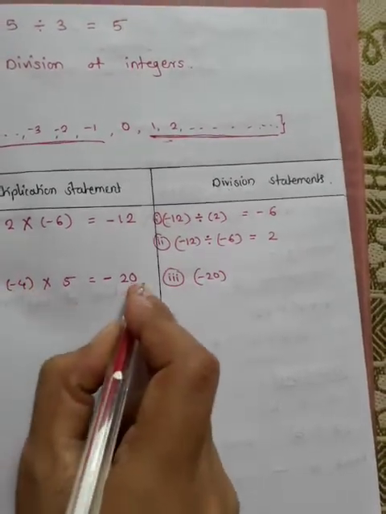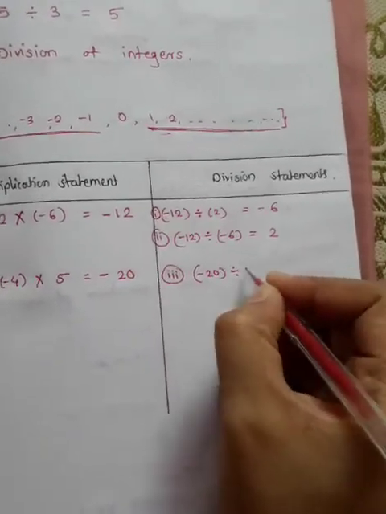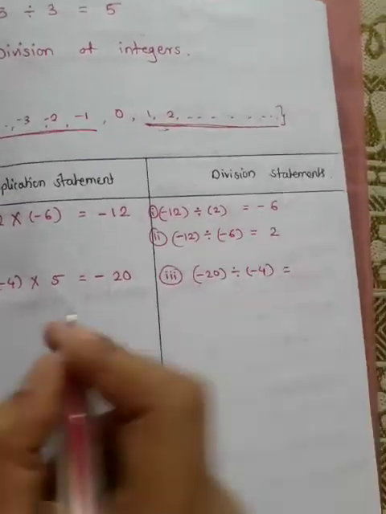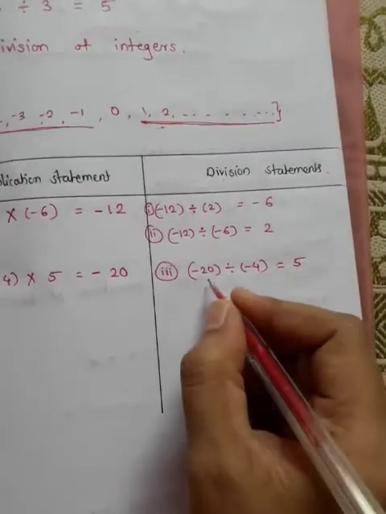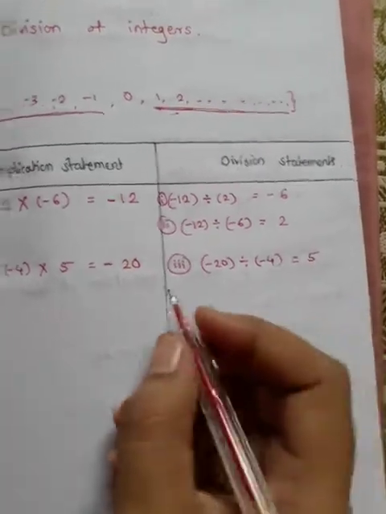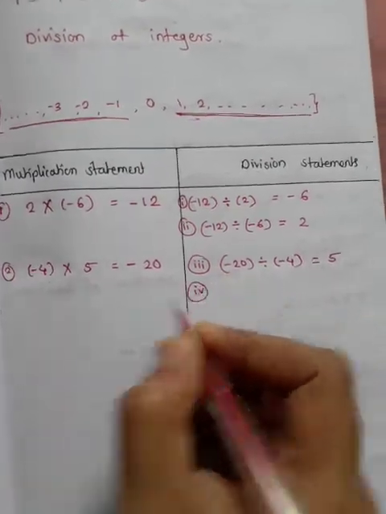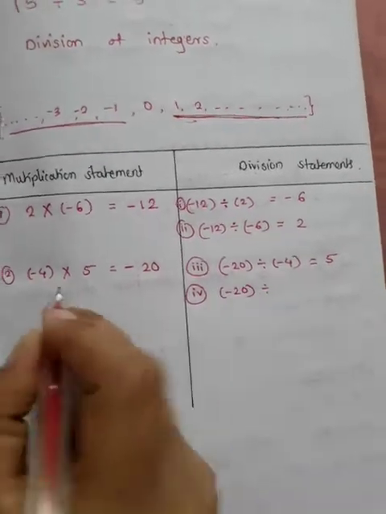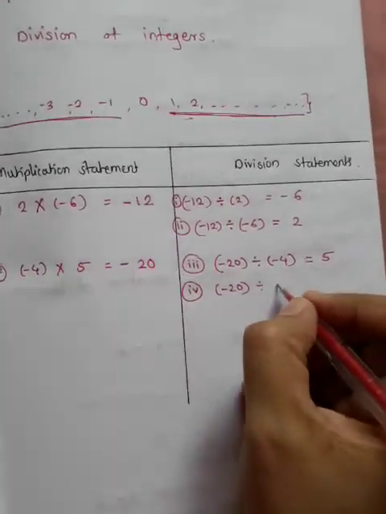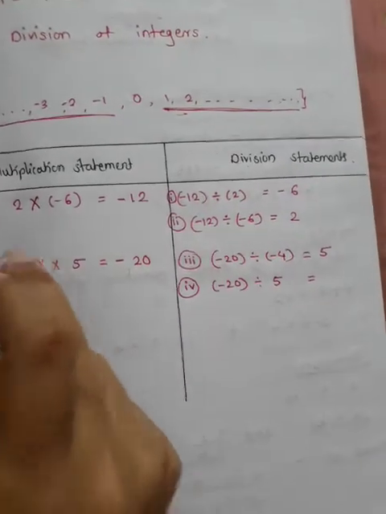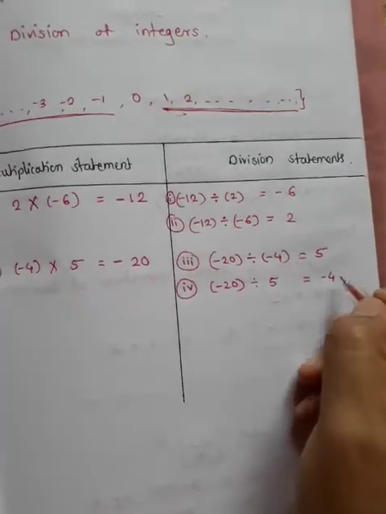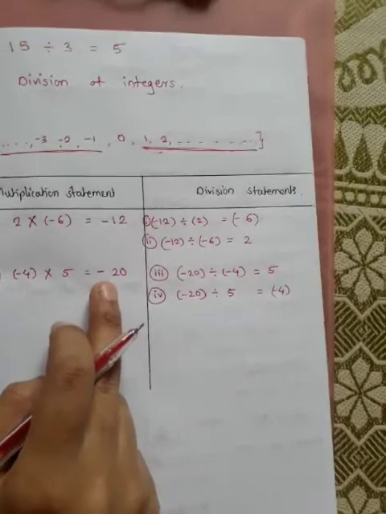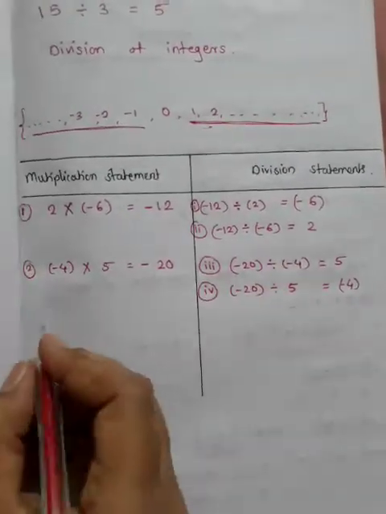When minus 4 goes to the opposite side, it gets divided, so minus 20 divided by minus 4, what will remain? 5. So minus 20 divided by minus 4 is equal to 5. Now the fourth one: again we have minus 20, and when 5 goes outside, it gets divided, and what remains is minus 4. So this multiplication statement gives two division statements.